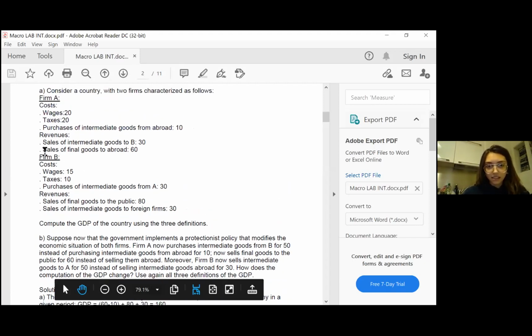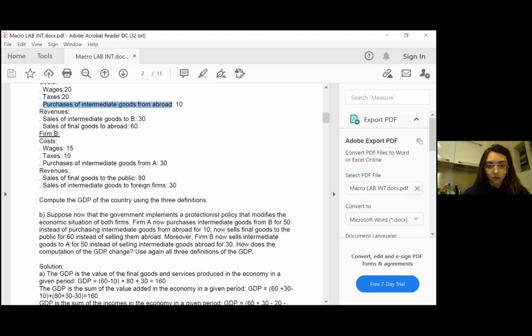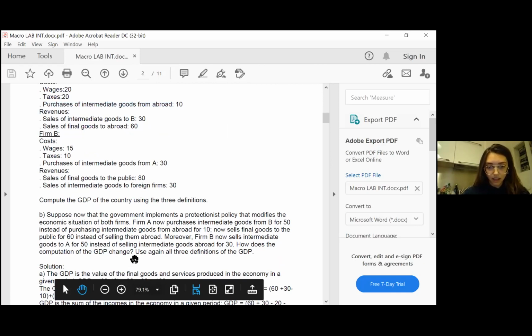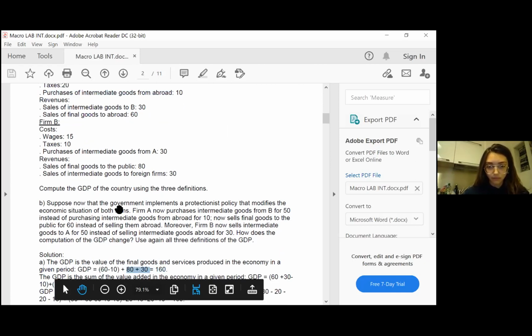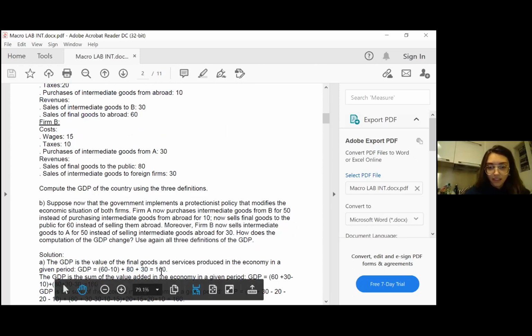So the 60 of sales of final goods to abroad, you do not count the sales of intermediate goods, minus the 10 of purchases of intermediate goods from abroad. And for firm B, it's going to be 80 plus 30: 80 of sales of final goods to the public and 30 of sales of intermediate goods to foreign firms. That adds up to 160.